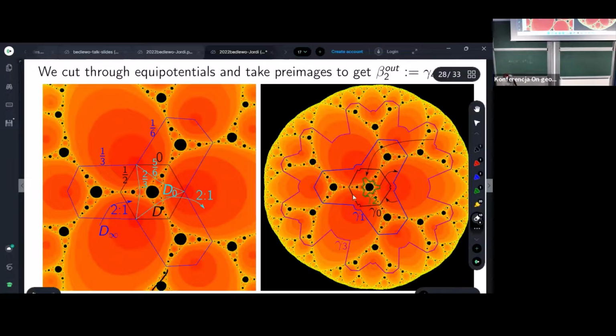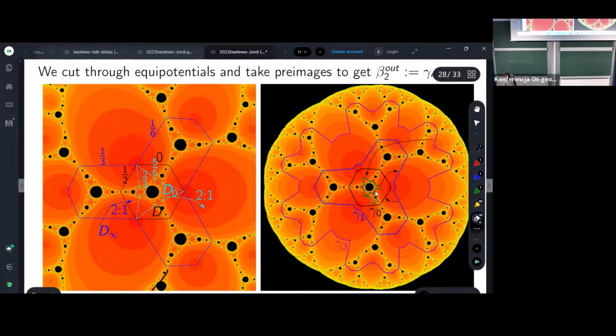Now you can take a preimage of this outside. If you take a preimage of this outside, you will get a cropped version of this blue curve that we had before. This is a cropped version of this curve outside, and I'm going to call this gamma 1. And I can keep doing this outside and inside, outside and inside. The outside of this blue curve has a preimage which is inside the black curve, which is this curve here in green.